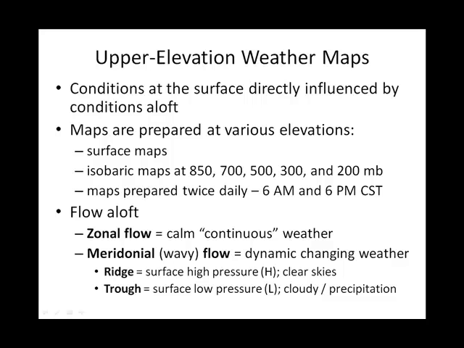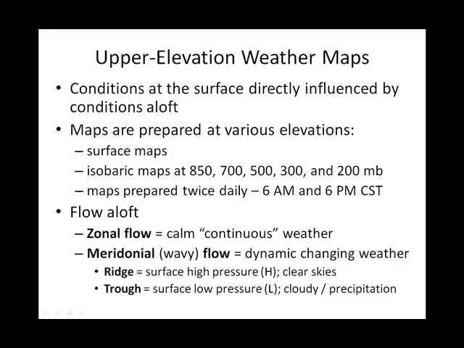Now, they are drawn at a particular atmospheric pressure. So 850 millibar isobaric maps are drawn to show heights or elevations at which the pressure is 850 millibars. In contrast to that, we have 200 millibar isobaric maps.